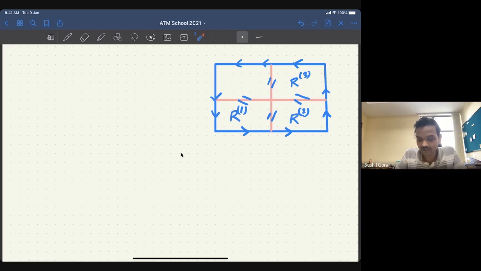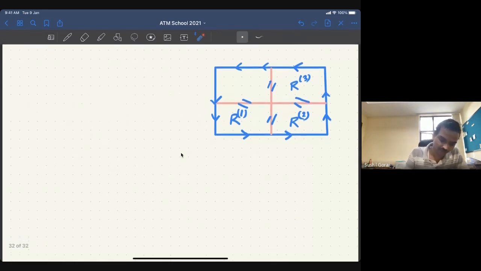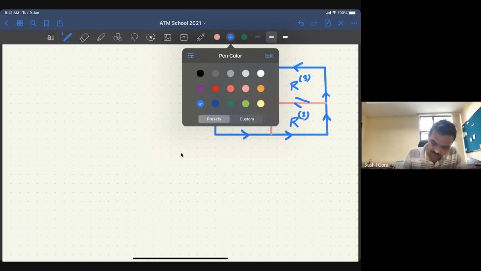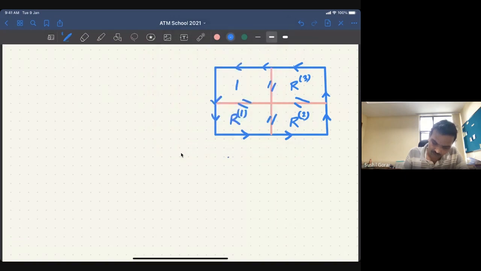So in the integration, these will not contribute anything. Is this fine? Yeah? All right. So this one, call this R4.